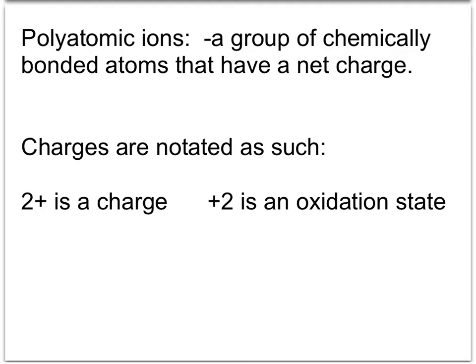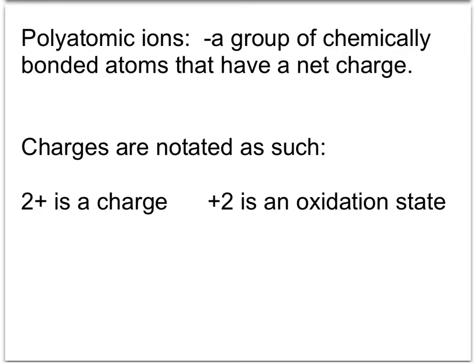But poly means many. One thing I want you to note as we're going through these lessons, charges are notated as the following. So the first thing, 2+, that is a charge. Charges are listed with the numeral first, then the symbol. All right? If you write it +2, that is an oxidation state.